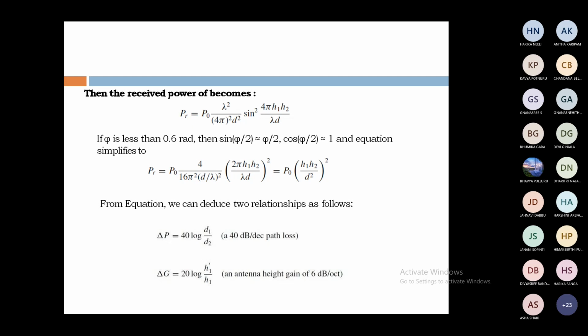Then simplifying the equation, PR is equal to P naught into (4 times 16 pi square d by lambda) whole square and (2 pi h1 h2 by lambda d) whole square. And after all calculations and simplification, PR is equal to P naught into (h1 h2 by d square) whole square.